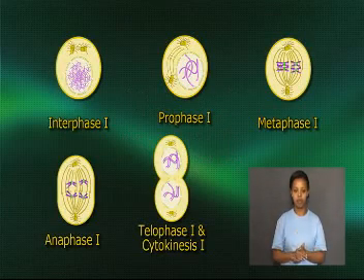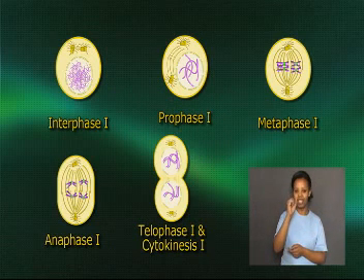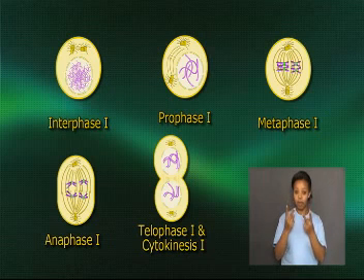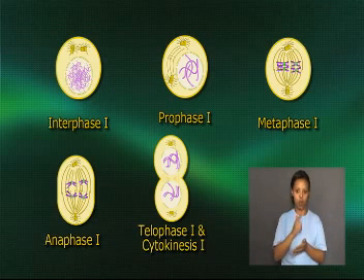This is a diagram that shows us the stages of meiosis I. As you can see, the four stages are called prophase I, metaphase I, anaphase I, and telophase and cytokinesis. Let us study the details of each stage, one at a time.